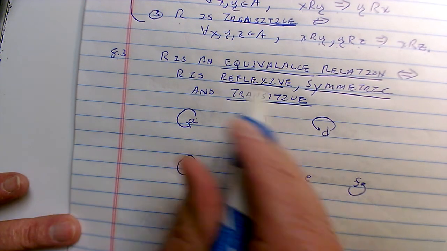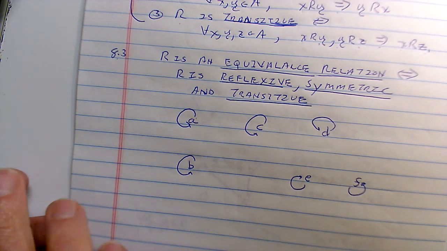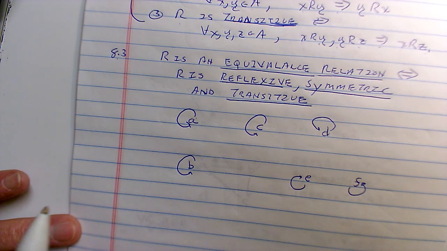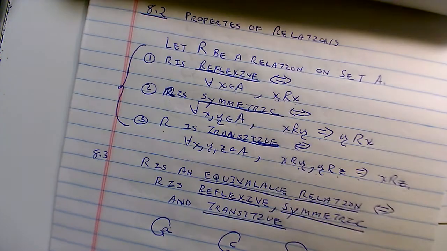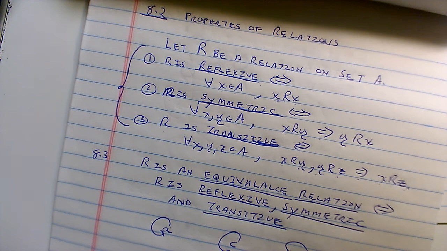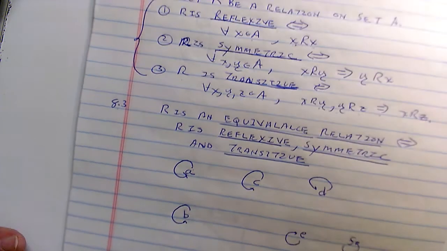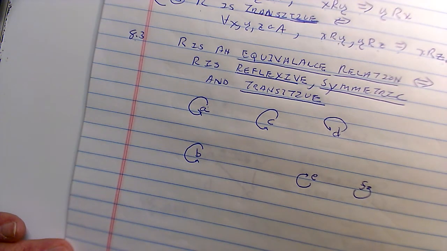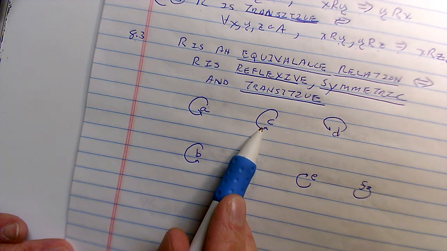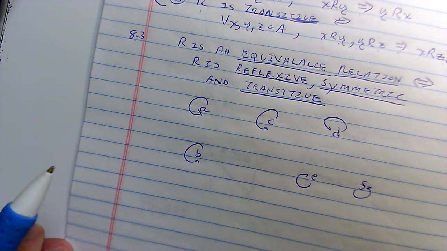When I have that property for every element, we can say this is the first property of being reflexive. So the way you identify something as reflexive by looking at the directed graph is to see that every one of the elements has a circle coming back to itself.